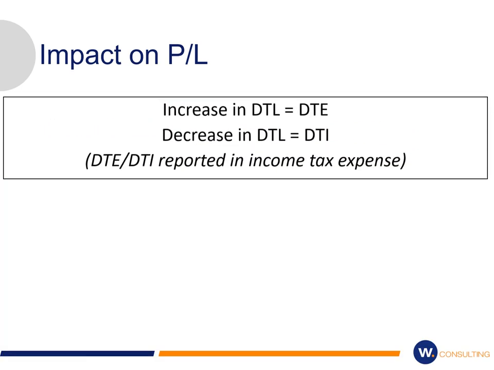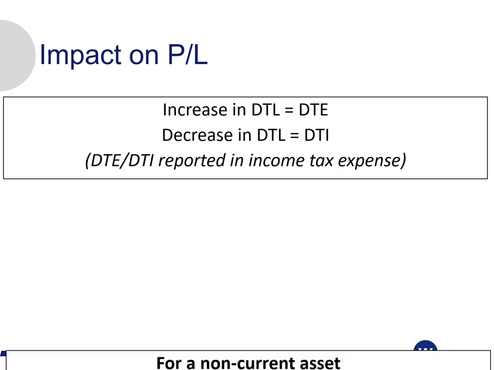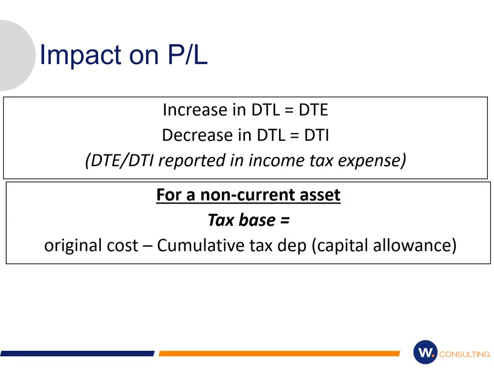So let's look at the impact on the profit and loss statement. An increase in deferred tax liability becomes a deferred tax expense, whereas a decrease in deferred tax liability gives you a deferred tax income. Now, deferred tax expense and deferred tax income are reported in the income tax expense line item.